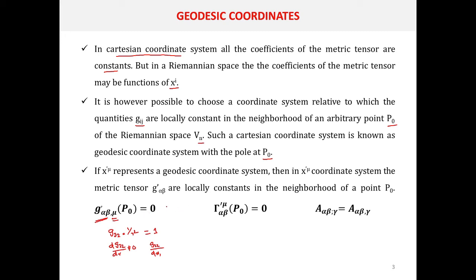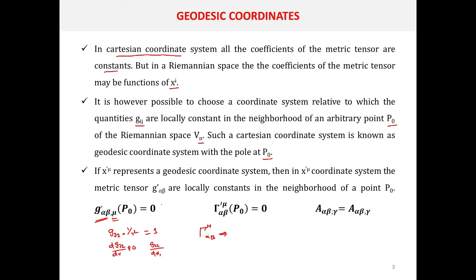So what are the implications of this condition? As the derivative of the metric tensor is 0, the Christoffel symbol will be 0, because we have defined the Christoffel symbol in terms of the derivatives of the metric tensor.